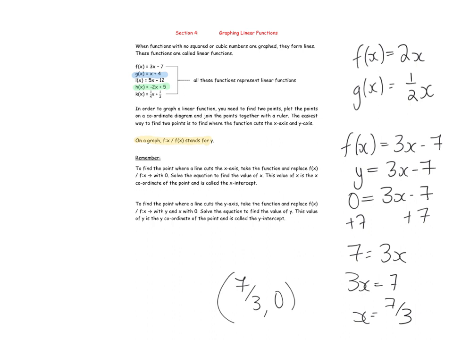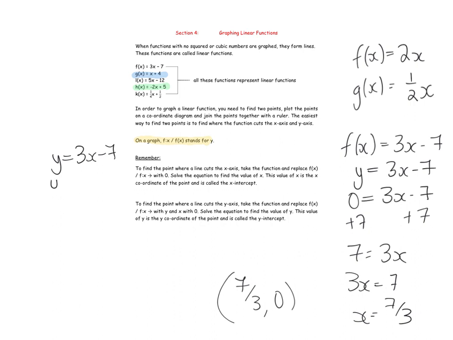Now we need to figure out where the line cuts the y-axis. Again, y is equal to 3x minus 7. To find where a line cuts the y-axis, take the function and replace f of x with y and x with 0. Solve the equation to find the value of y. This value is the y-coordinate of the point and is called the y-intercept.